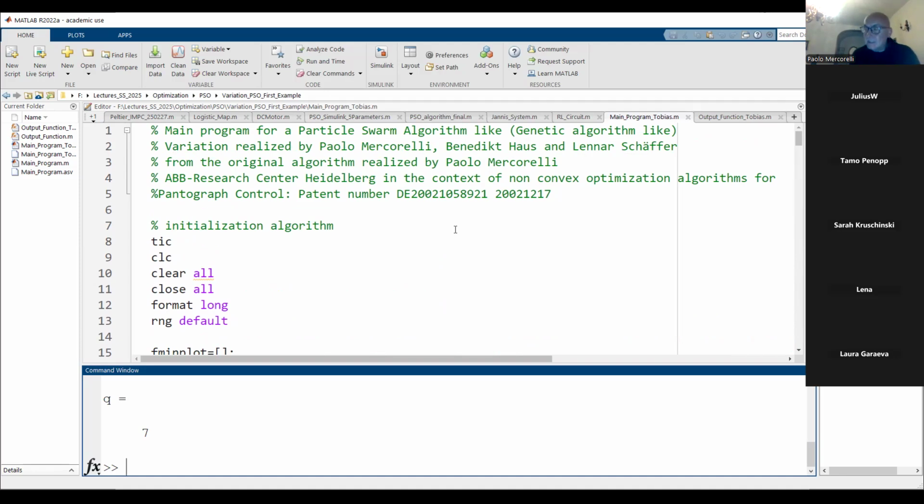But in the project, we can try to apply or integrate different algorithms. PSO is one of the algorithms which can help the Kalman filter, because the Kalman filter needs to be tuned. But let me go ahead with the lecture of today.